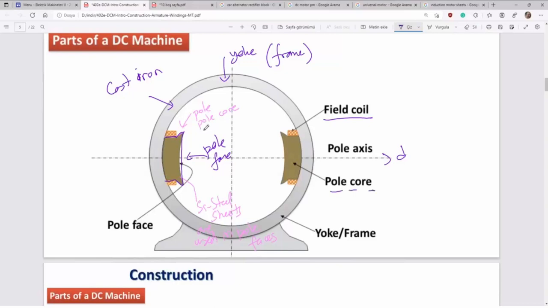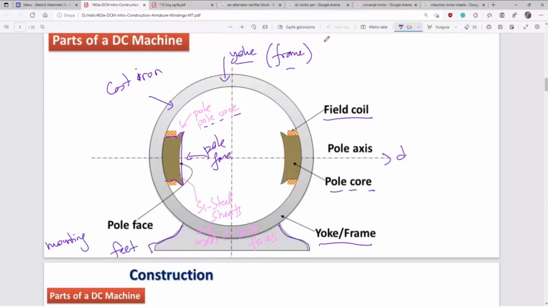I have already written here. I have said yoke frame. It is written here. Here are mounting feet. Okay, that is the stator.